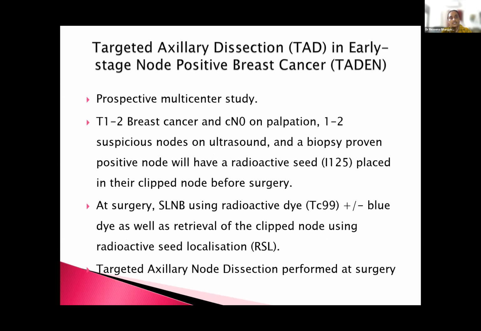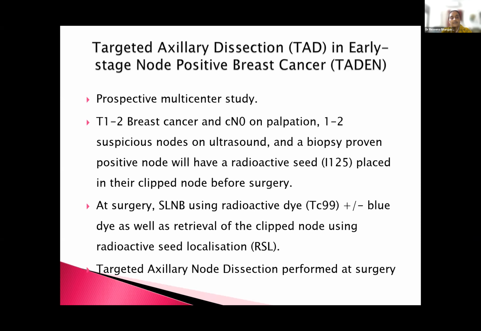There is a new trial called the TADEN trial, which looks at targeted axillary dissection in early stage node positive breast cancer patients. Here we are trying to avoid axillary dissection even in node positive patients. This is a prospective multicentric study with T1, T2 breast cancer patients who are N0 on palpation, but had 1 to 2 suspicious nodes on ultrasound and a biopsy proven positive node.